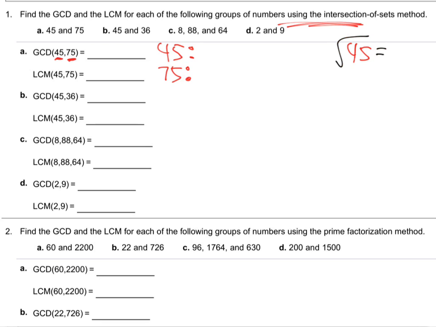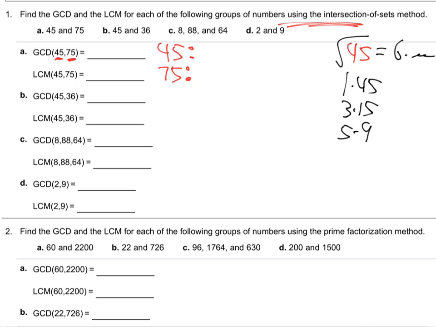Square root it. What's the square root of 45? 6 something, right? So 6 is the limit. So in other words, 1 times 45. 2 doesn't go in. 3 times 15. 4 doesn't go in. 5 times 9. And that's it.